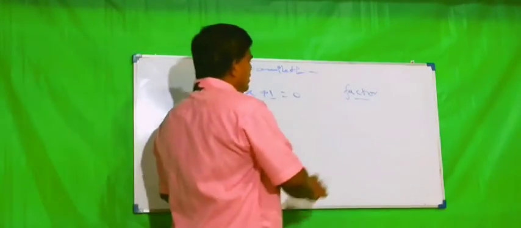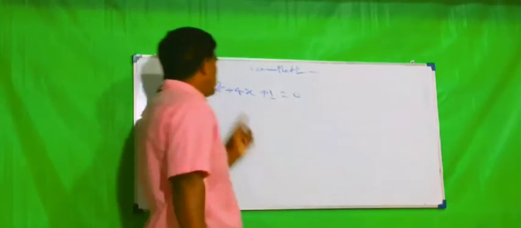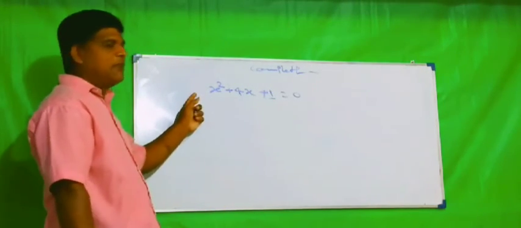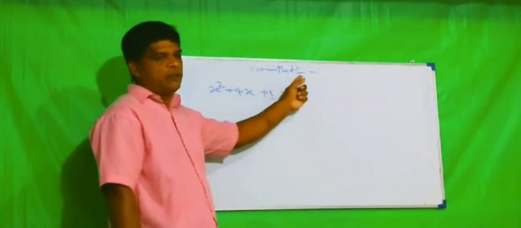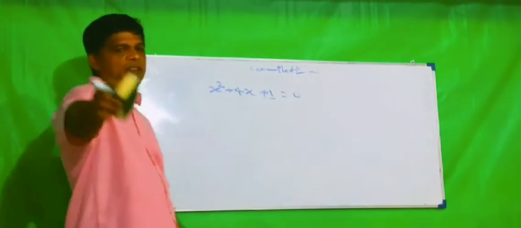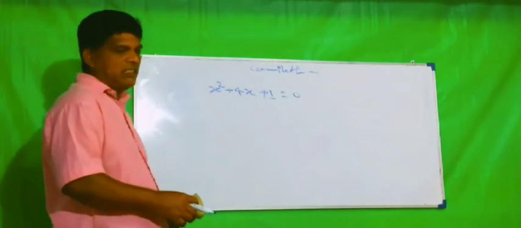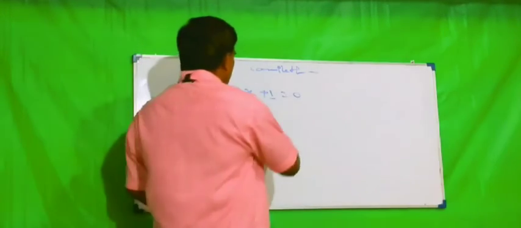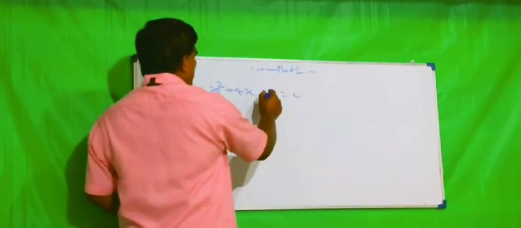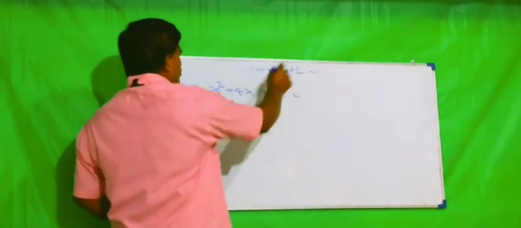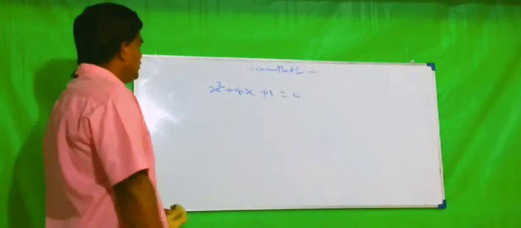Then there should be another method to solve this equation. That method is named completing the square, the second target regarding quadratic equations. I just explained the method of completing the square just now.